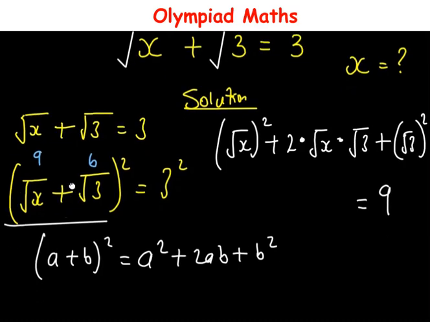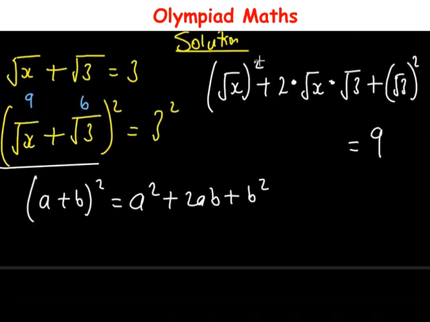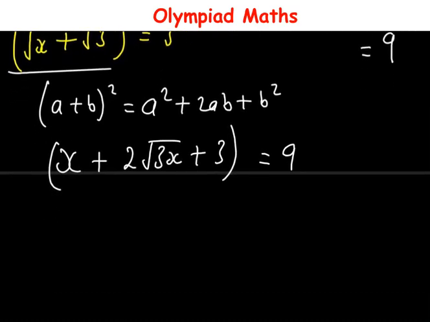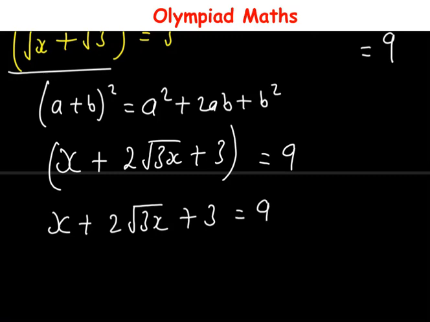So from here what we have is this, that square, we cancel square root, x, then plus 2 times root x times root 3 is 2 root 3x, plus square cancel square root, we have 3, so all is equal to 9. So from here, let's first open the bracket, so x plus 2 root 3x plus 3 is equal to 9.